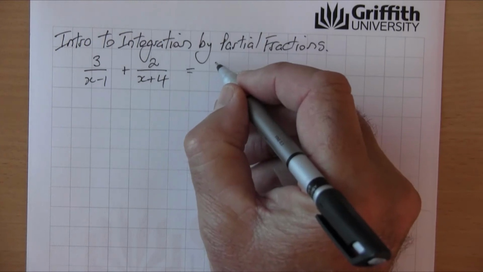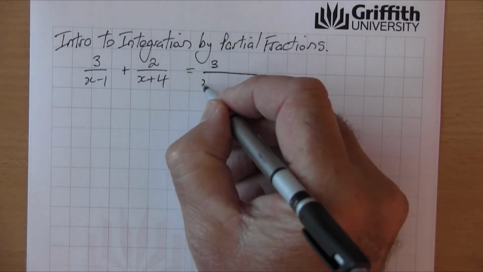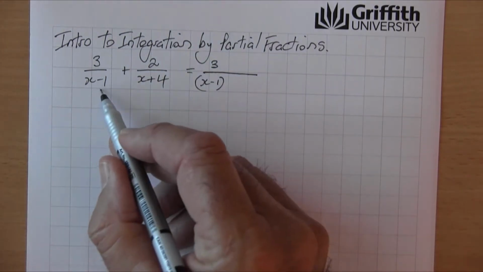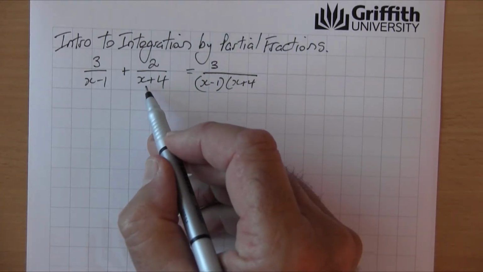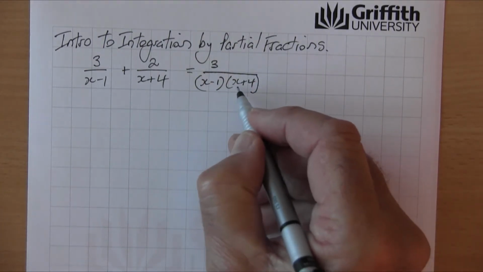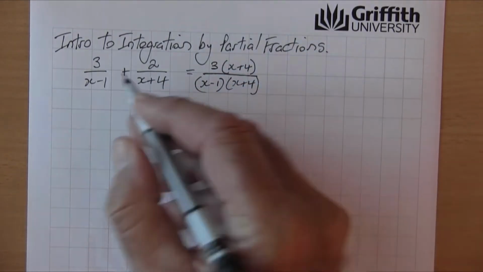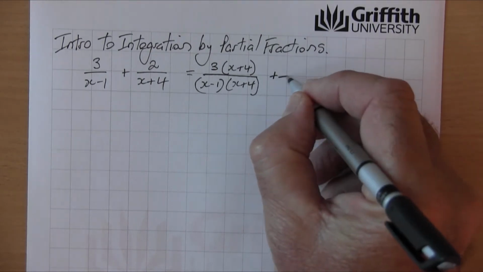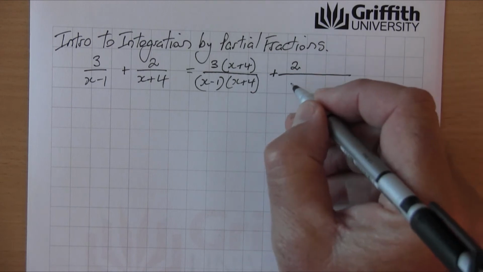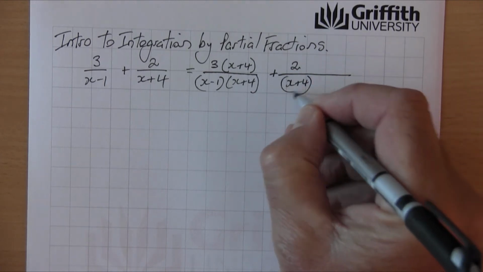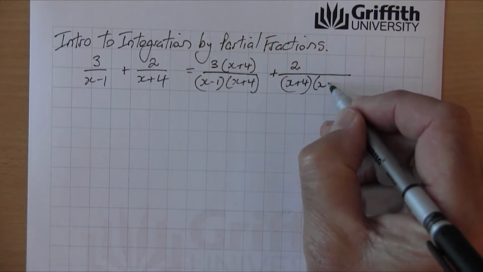So we can rewrite the first fraction as 3 over x minus 1, and if we multiply the bottom by x plus 4, the other denominator, we've got to do the numerator by x plus 4 as well, plus, now our whole quest here is to make these the same denominators. Presently we've got 2 over x plus 4, so we've got to multiply by an x minus 1, top and bottom.